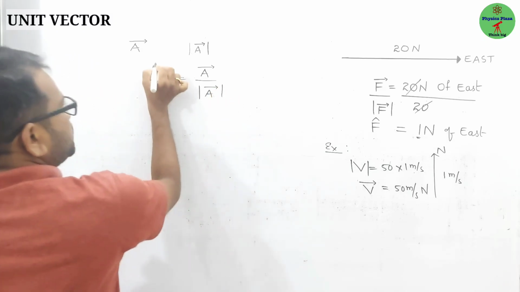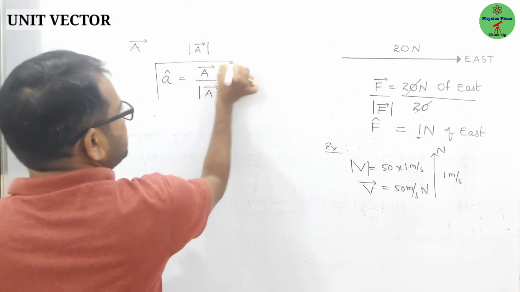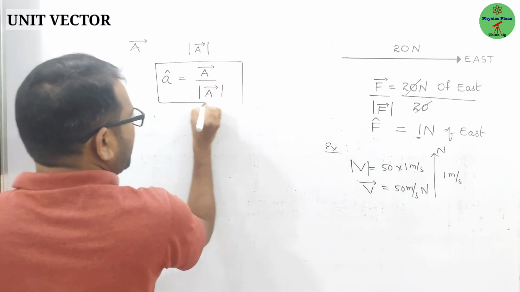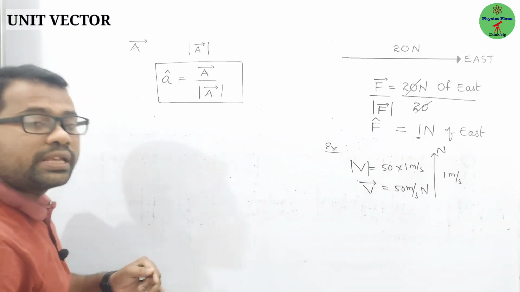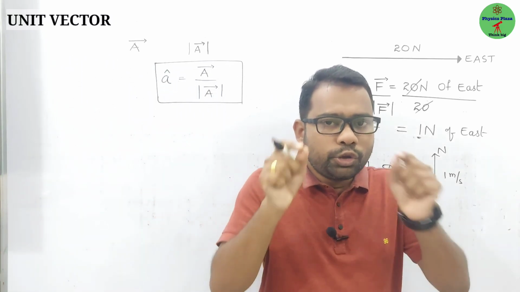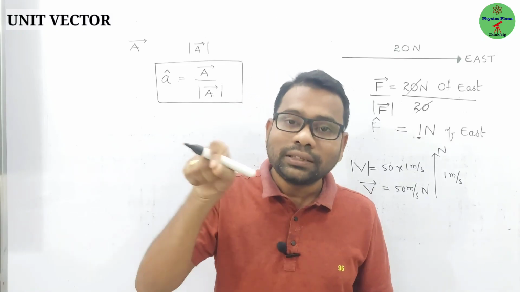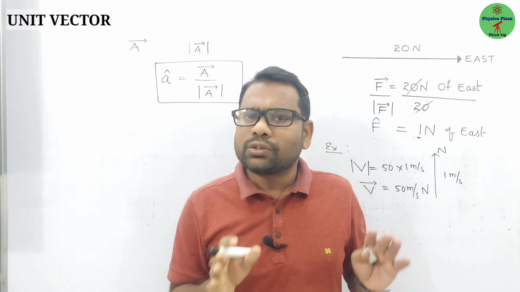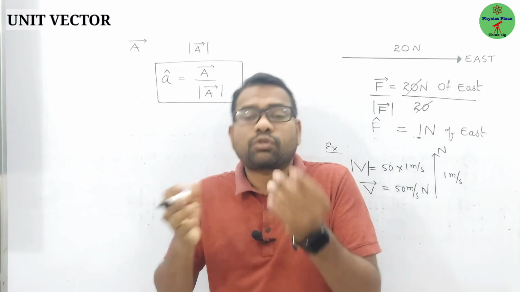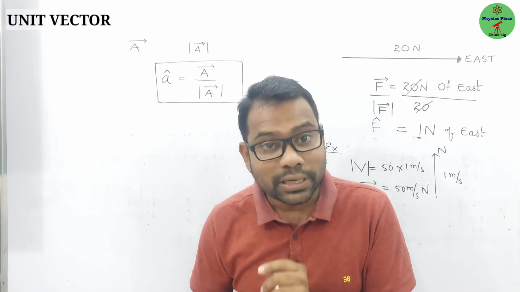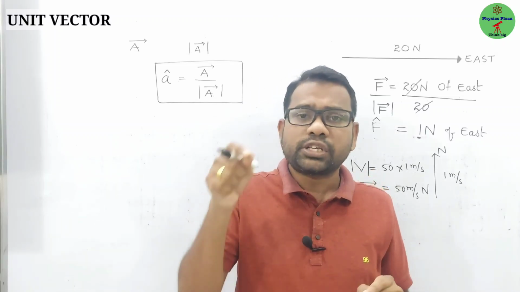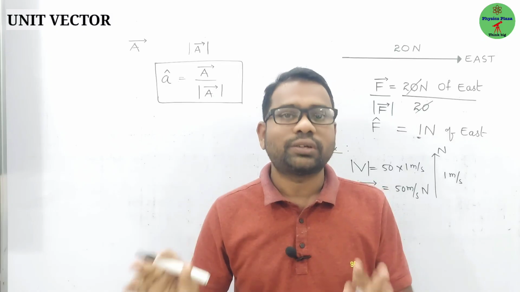Children, very important. If any vector is divided with its own magnitude, then what do we get? We get a unit vector in that direction. This unit vector is a dimensionless quantity. What is its importance? Just to give you the direction.